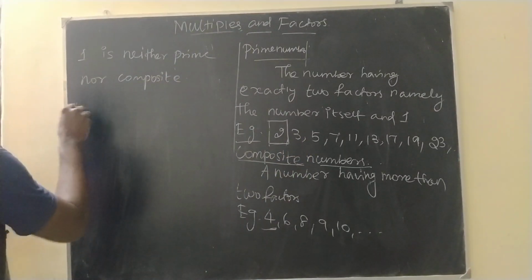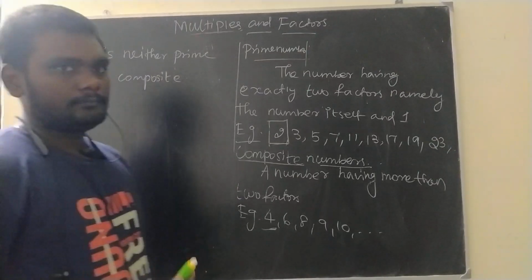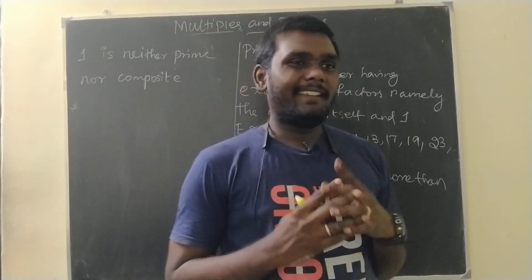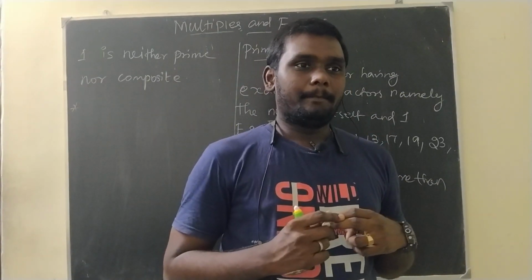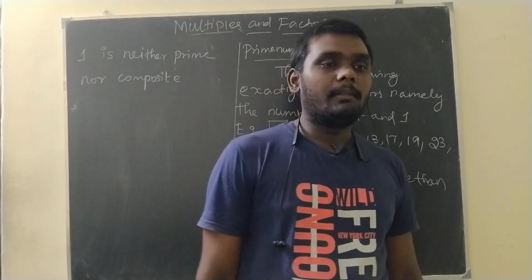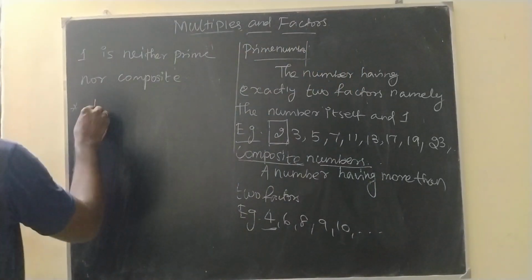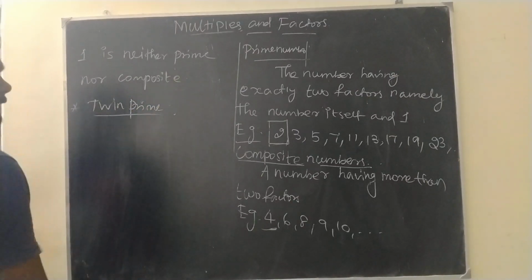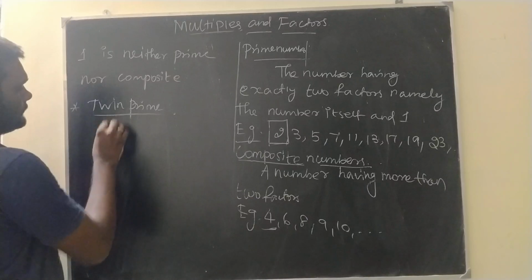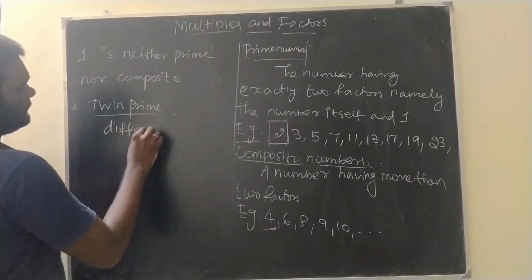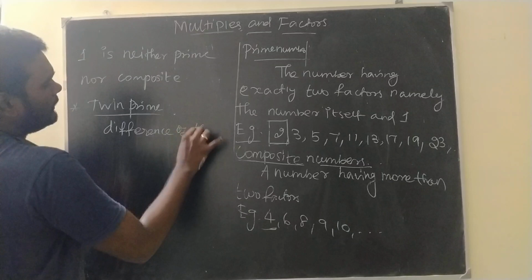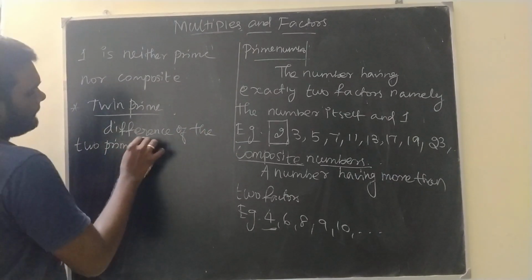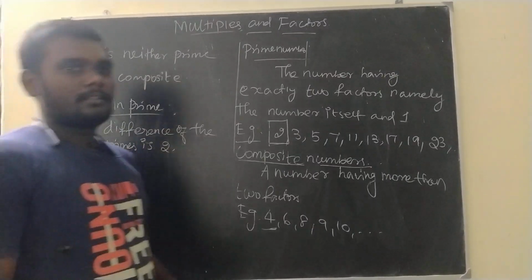See, if the difference between 2 given prime numbers is 2, then the 2 prime numbers are called twin primes. The difference of the two primes is 2. We'll start checking it out.